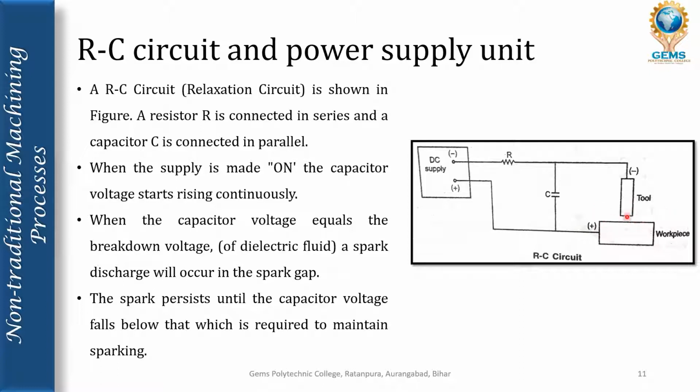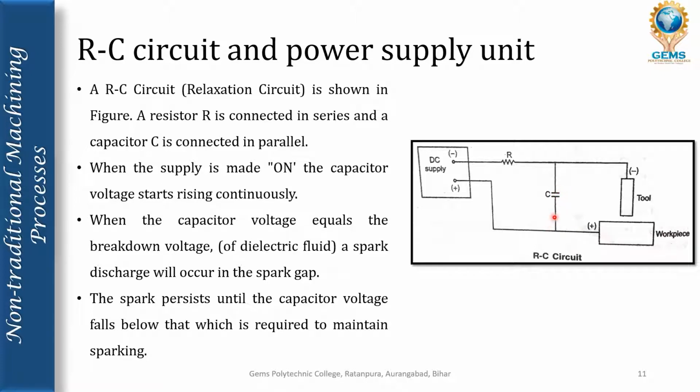In between the tool and workpiece, the dielectric fluid will be there. When the capacitor voltage equals the breakdown voltage of the dielectric fluid, a spark discharge will occur in the spark gap. The spark persists, which means it continues, until the capacitor voltage falls below that which is required to maintain sparking.